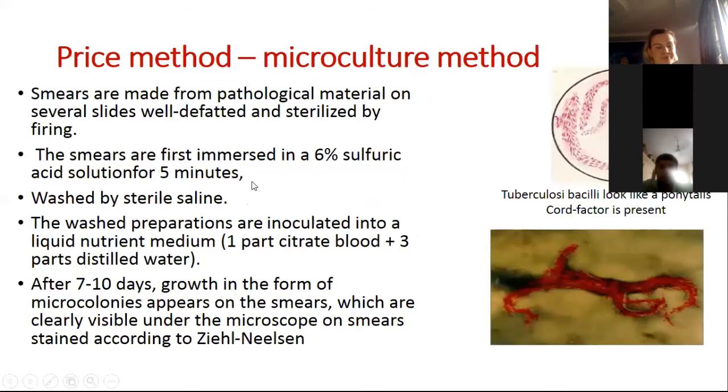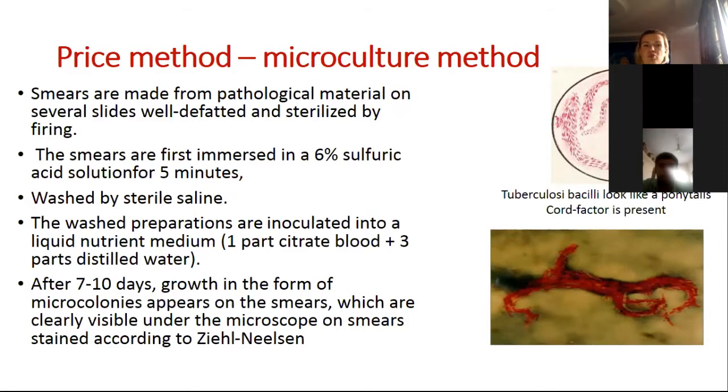Next. Sometimes when we confirm our diagnosis, we need an express method for cultivation, and we use the Price method, or method of microcultures. What we do is prepare smears from the pathological material, typically sputum, on several slides, dry them and sterilize by firing or heating. The smears are first immersed in 6% sulfuric acid solution for 5 minutes.